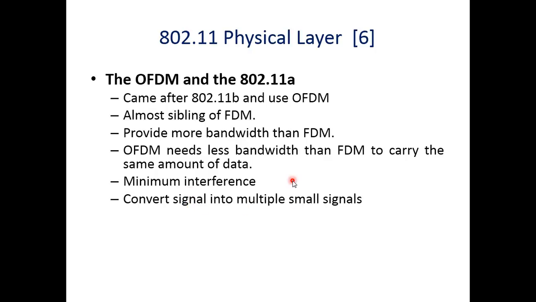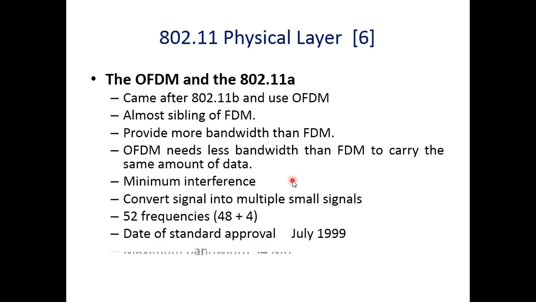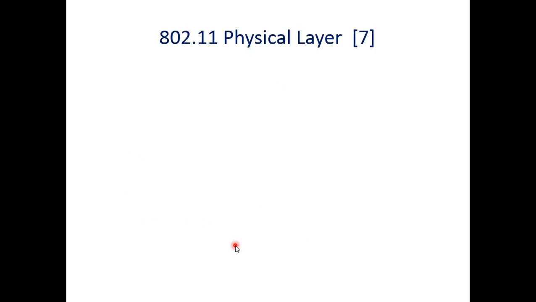It converts the signal into very small chunks, and it has a total of 52 frequencies. Out of 52, 48 are used for data communication, and 4 are used for synchronization, and it provides maximum bandwidth up to 54 Mbps, and the standard was approved in July 1999.